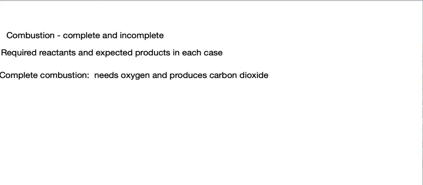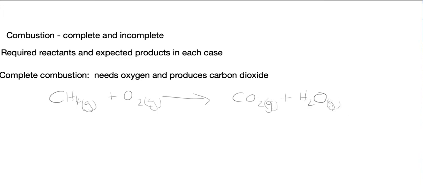So, if, for example, we were to burn methane, which is a gas, with oxygen, then we would get carbon dioxide and water. If there's plenty of oxygen, there's really nothing else that we can do there because this is likely to be hot, and so we would get a gas or water vapor.